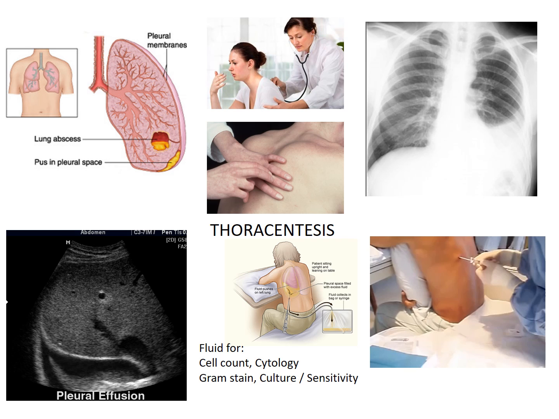We can see that characteristic blunting of the angle on a chest x-ray. We can confirm that with an ultrasound. Fluid looks black on an ultrasound, so you can see the pleural effusion below the lung there. And then we can set up with aseptic technique, do a thoracentesis, remove fluid, and then use that fluid to look for cell count, cytology, gram stain, culture, and sensitivity.